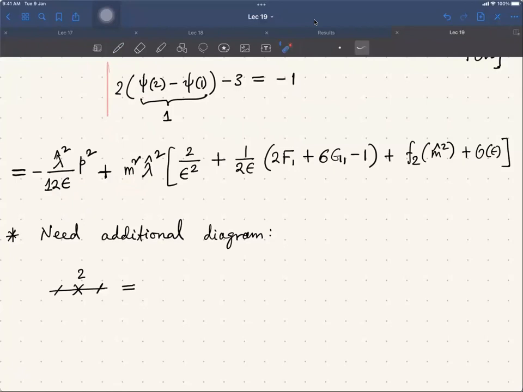So in the counter term diagram, we can have two different finite ambiguities.